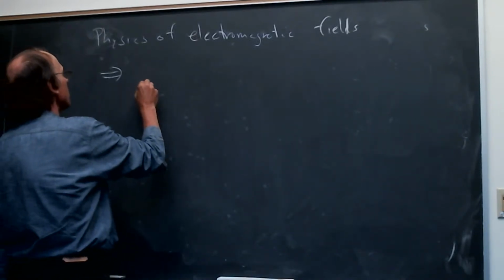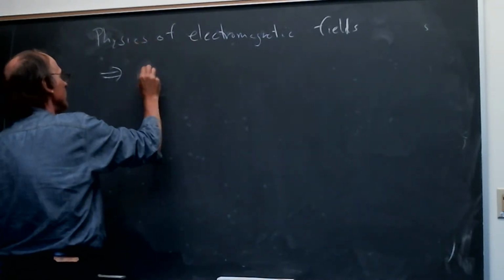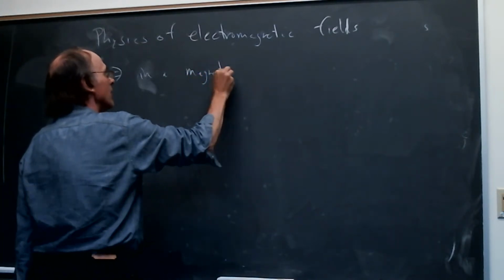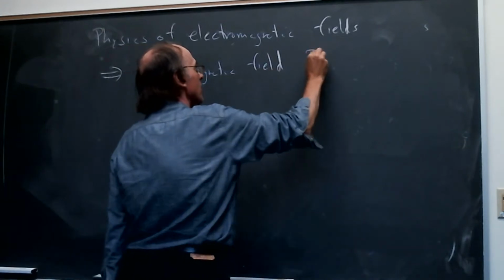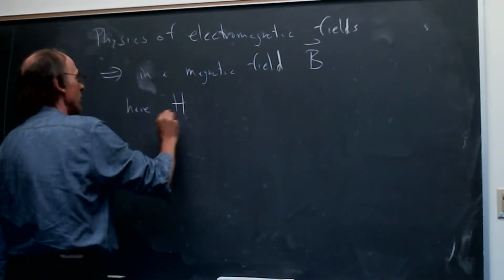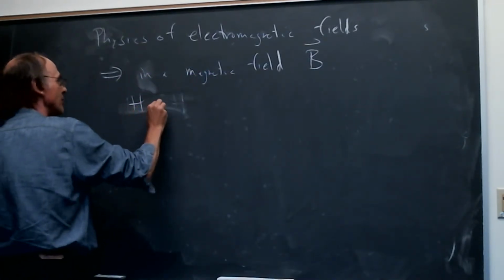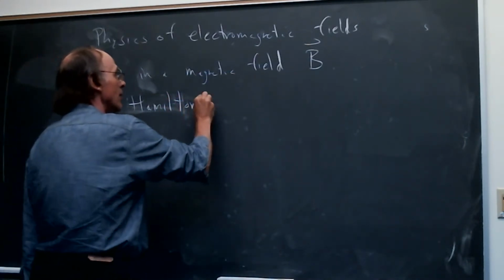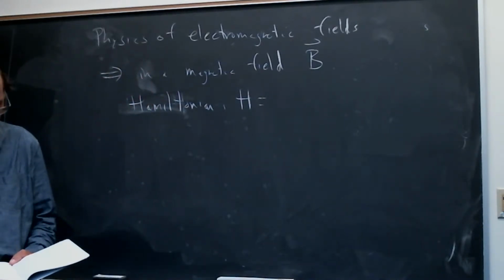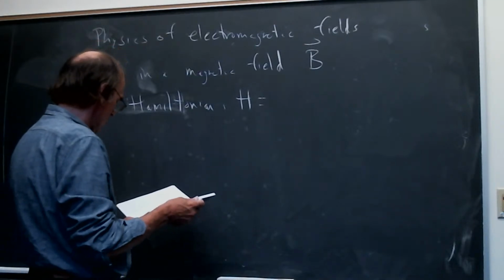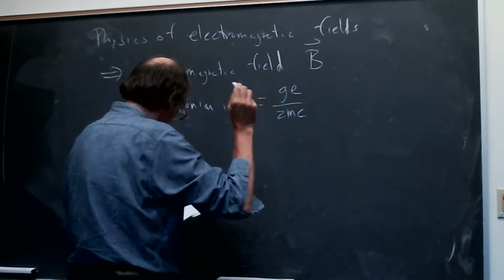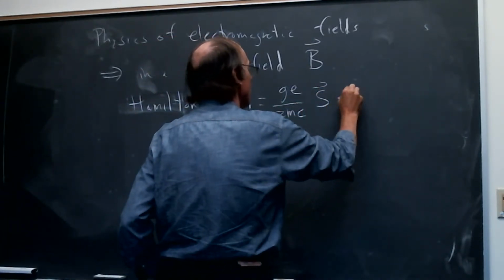Then in a magnetic field B vector, your Hamiltonian H is equal to, and there's a bunch of standard constants in this, g e over 2mc, S vector dot B vector.